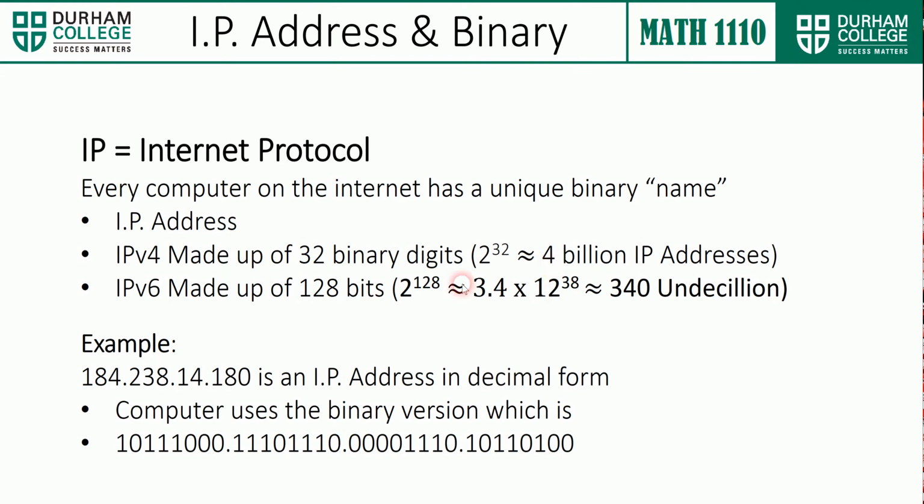So just to repeat that, this number, 340 undecillion, is such a large number of IP addresses that if you were to give 4 billion IP addresses to every person on the planet today, you would still have a lot more to work with. So that's just mind-boggling.